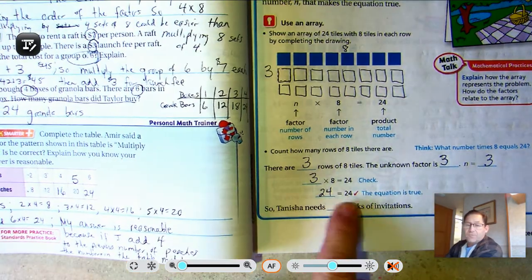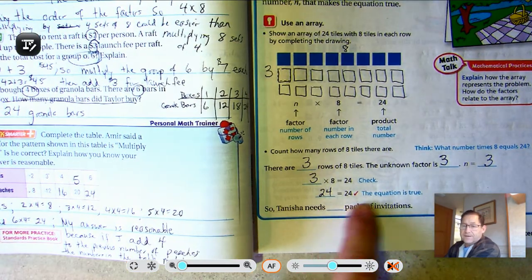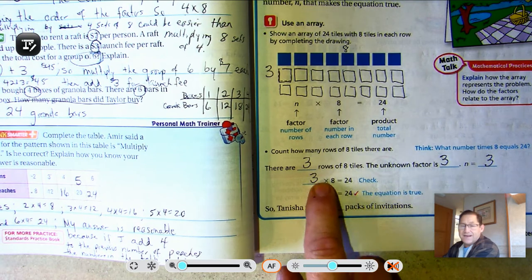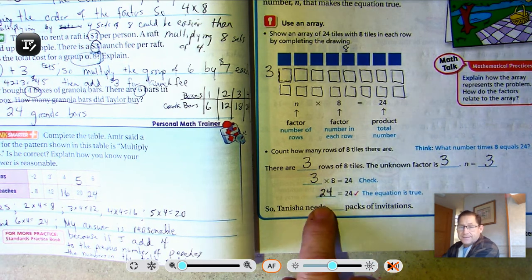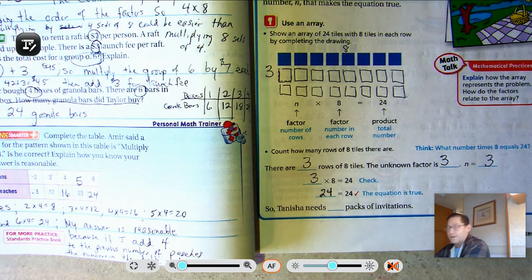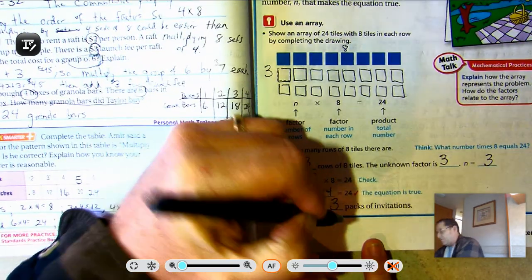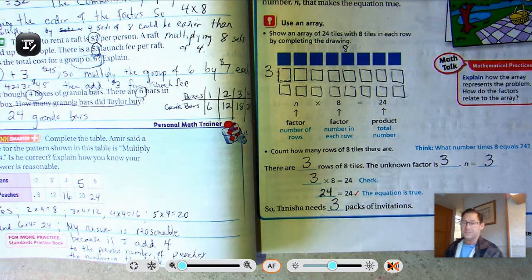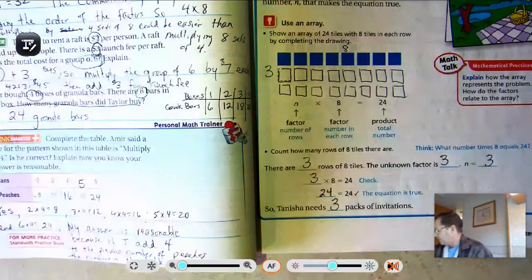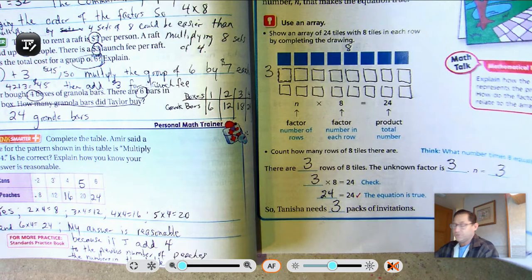And when we say 24 equals 24, and the equation is true, what we're saying is the left-hand side, 3 times 8, is 24. So 24 does equal 24. So she needs 3 packs of invitations. All right, so that's one way we can use an array.